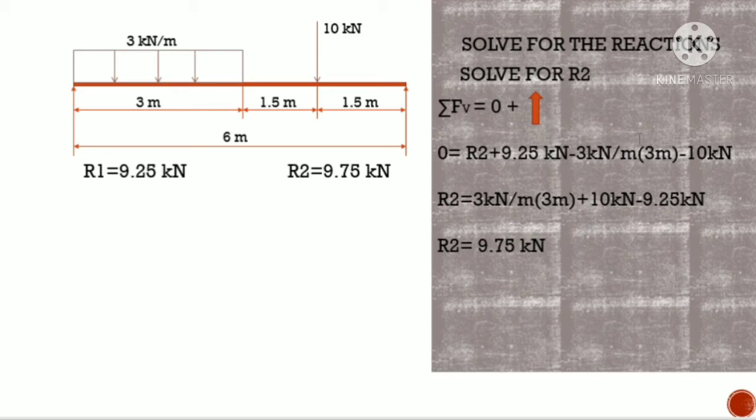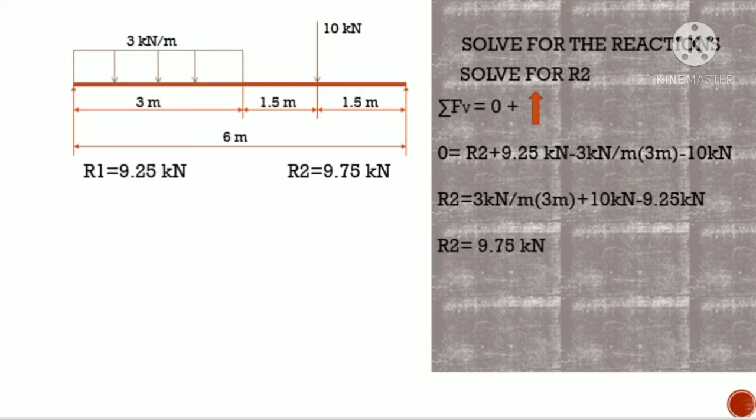Makancel si meter, so kilonewton lang matira. Minus 10 kilonewton, negative siya kasi going down. Pati si uniformly distributed load, going down, so negative silang dalawa. So, the value of our R2 is 9.75 kilonewton.